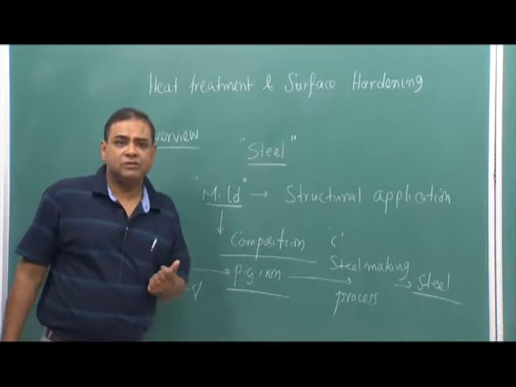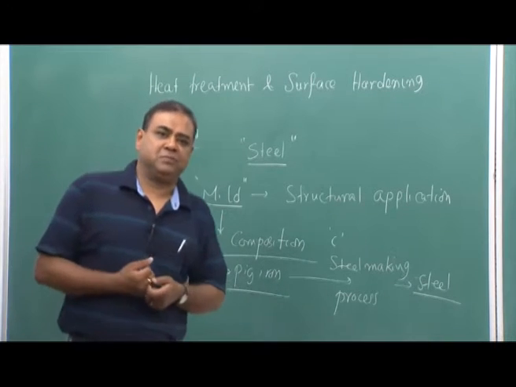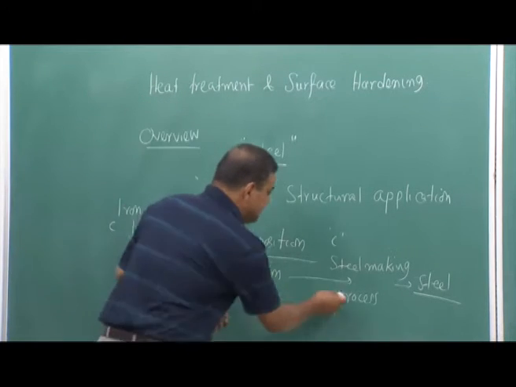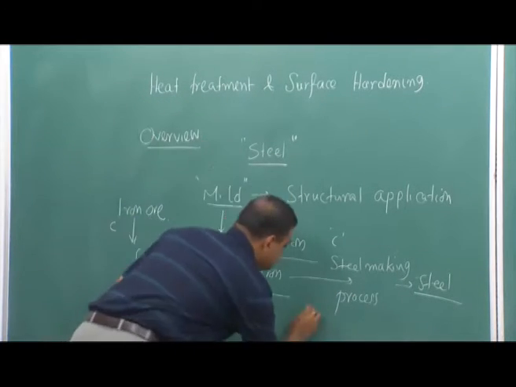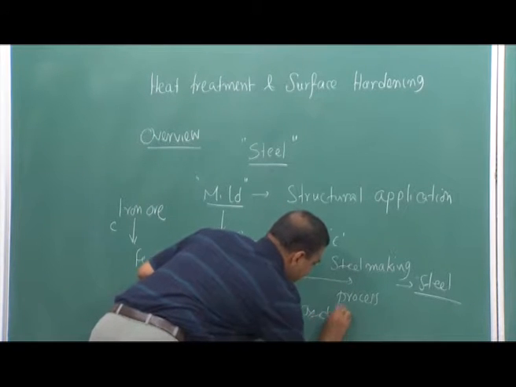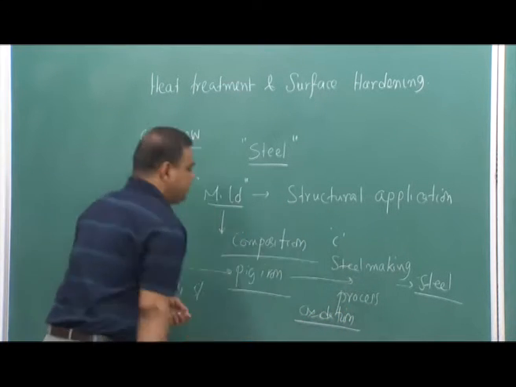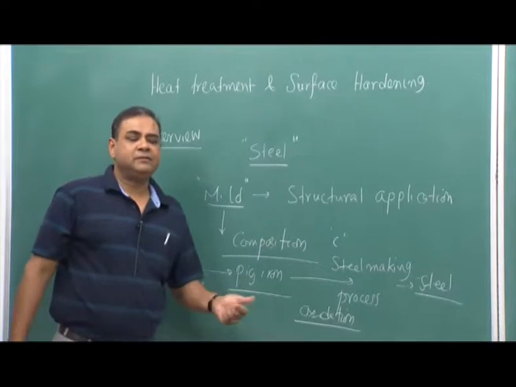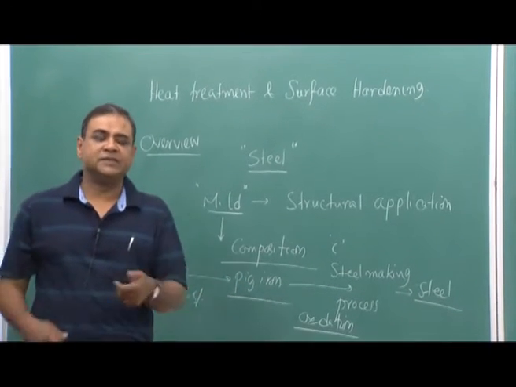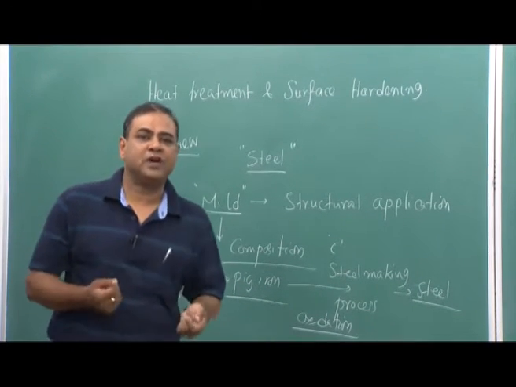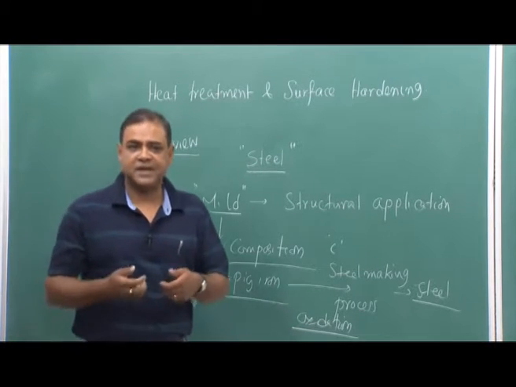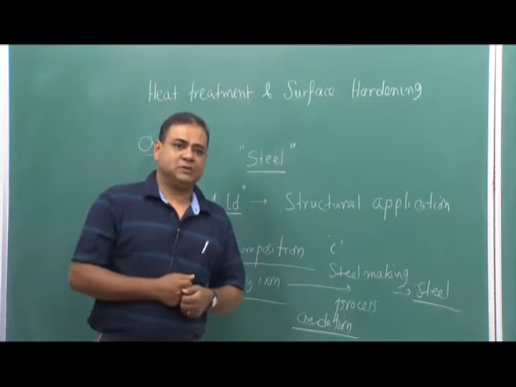There we simply reduce the carbon content from pig iron. How can we reduce it? We use an oxidation process. So, the steel making process is basically an oxidation process, where we oxidize carbon to reduce it, and when we oxidize carbon it forms carbon monoxide or carbon dioxide that evaporates out.